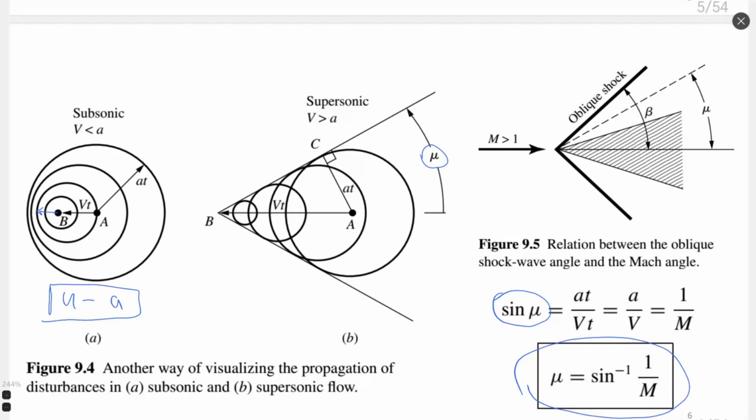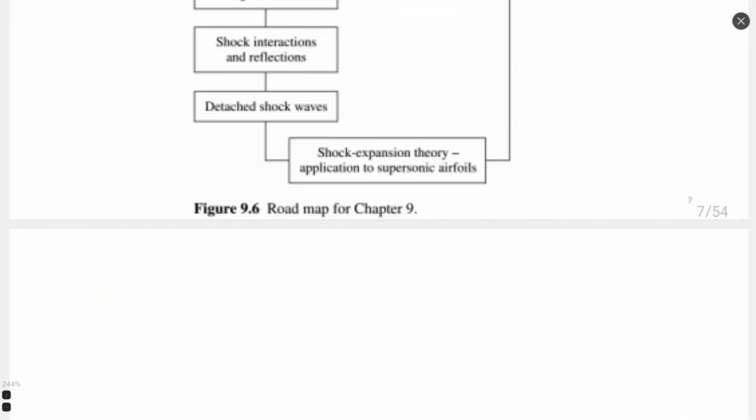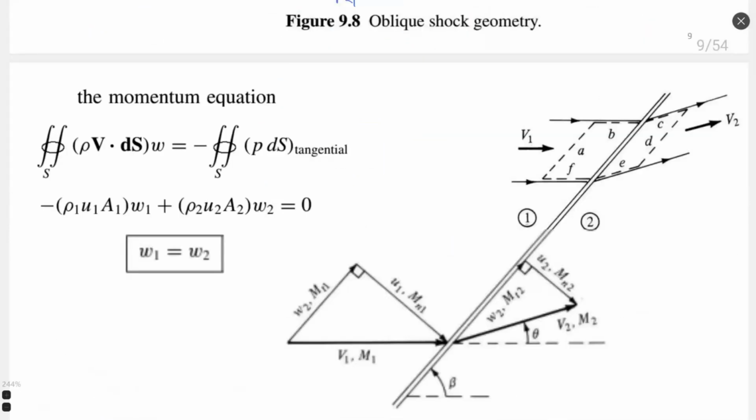If we return to figure 9.5, we can see that the oblique shock wave angle beta is always bigger than mu. Okay, so we have some kind of a lower limit where the oblique shock wave can stay. We can see, as a qualitative characteristic, that beta received by calculation is always bigger than mu. But how much bigger we will see very soon when we elaborate the equation for beta, the equation for this quantity.